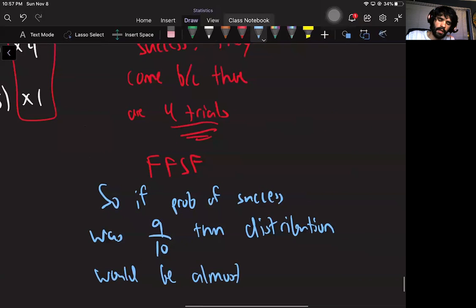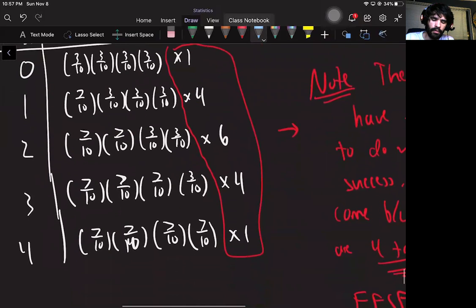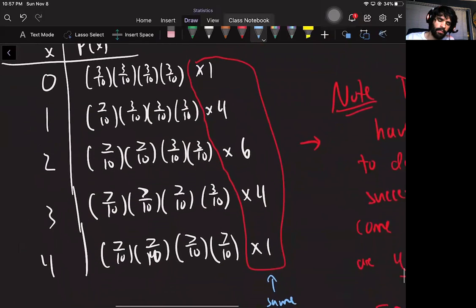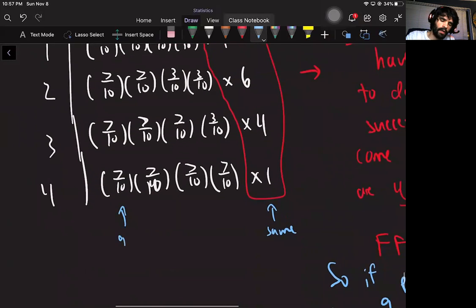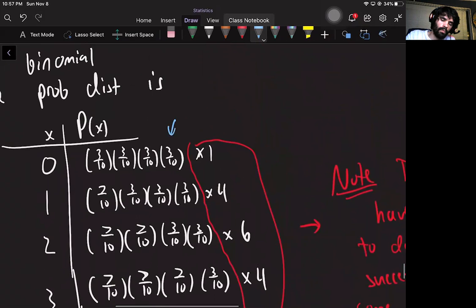It would be almost the same, because these numbers in red here would stay the same. What would you change? You would just change the successes to 9 out of 10s, and therefore the fails would have to change to 1 out of 10s. And that'd be it.